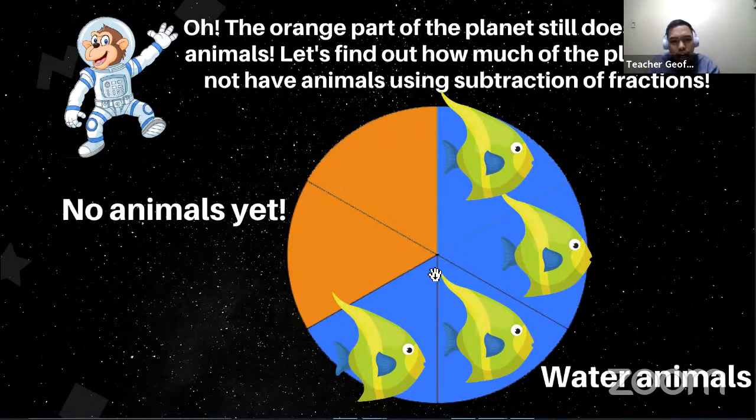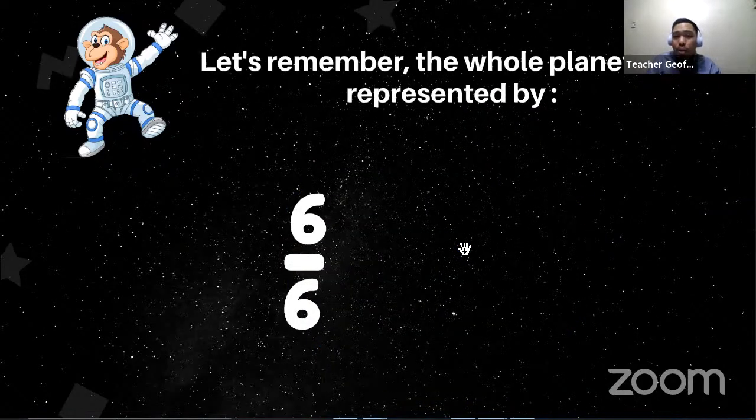Let's determine what fraction this represents. How do we do that? Let's remember that the whole planet can be represented by 6 over 6. That's the whole thing, the whole part in which animals can live.